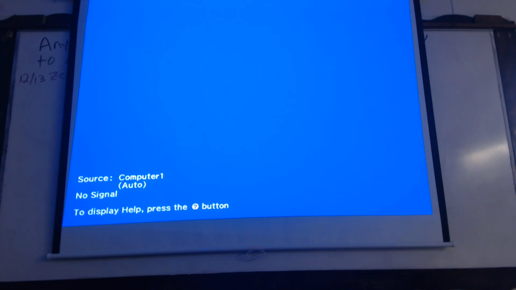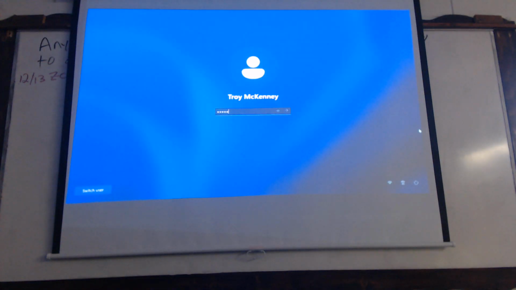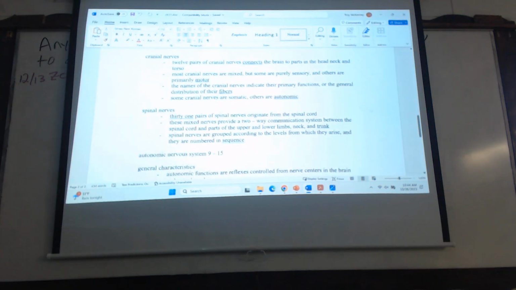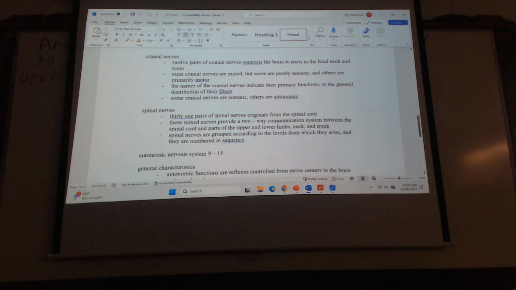So that's an example of what happens inside of your autonomic nervous system. The sympathetic portion. So what is the other half of that then? The parasympathetic division. And that's what happens at night.